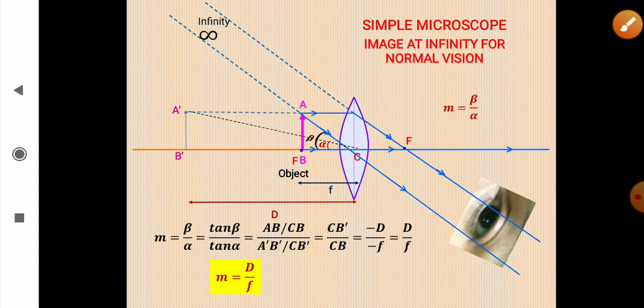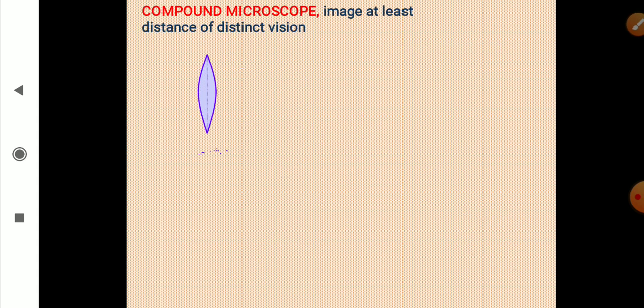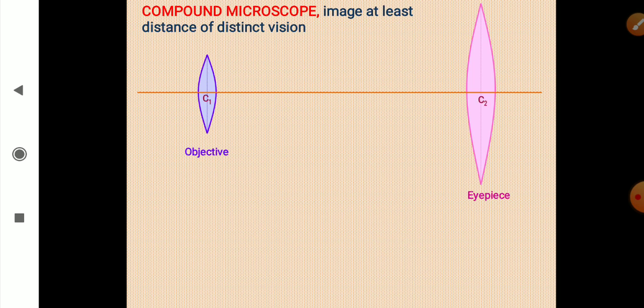And now let us talk about the compound microscope. See, magnification by a simple microscope is not much, and if you want more magnification, then we use a combination of two convex lenses, both of small focal length or large power. So one is called the objective.